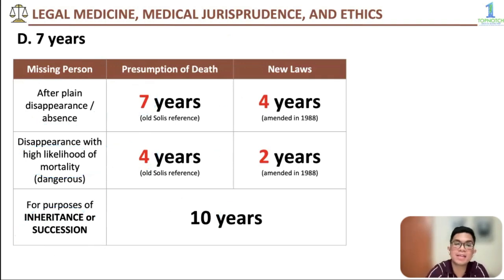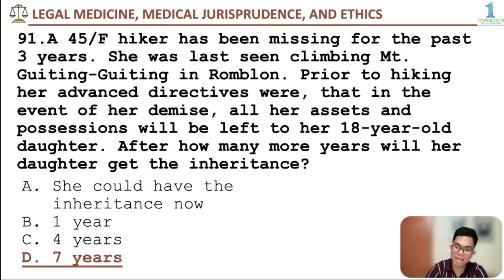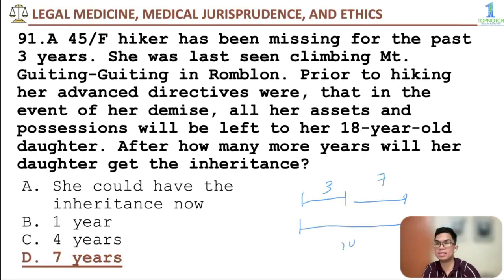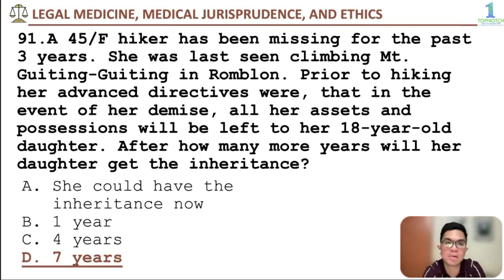So for a patient, bakit 7 years yung sagot? Pag usapang inheritance, di ba dapat 10 years? Remember, in the case, it already said na for the past 3 years already, nawala na siya. So, para maging 10 years, ilan na lang yung kailangan dito? That's your 7 years. Okay? So again, always see the case, no? Kasi baka iba, may specific information that would alter the answer.